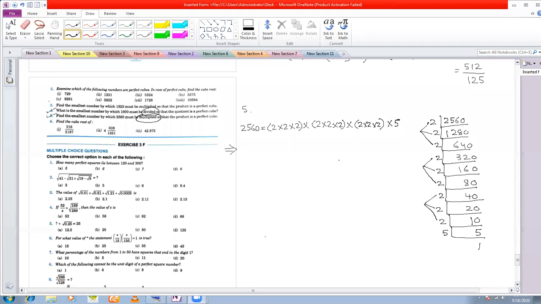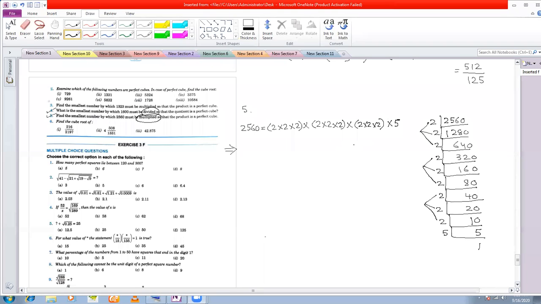Anyone else with any other answer? Anyone who disagrees that 2560 should be multiplied by 5 into 5?